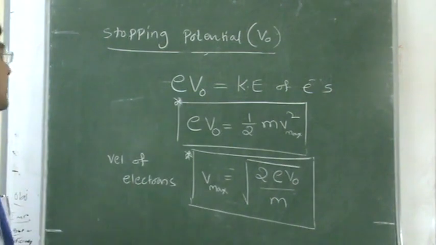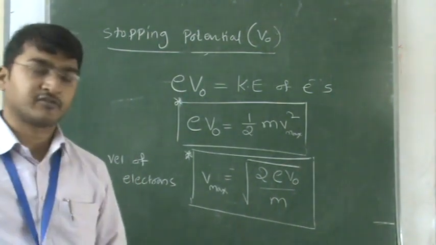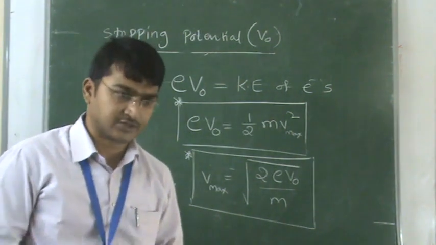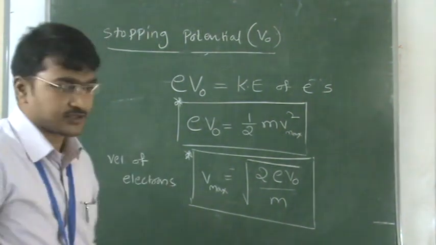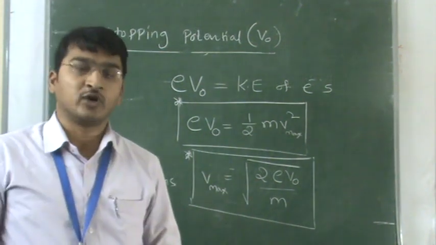These are the four parameters we discussed: work function, threshold frequency, threshold wavelength, and stopping potential. Next we will go for the laws of the photoelectric effect.